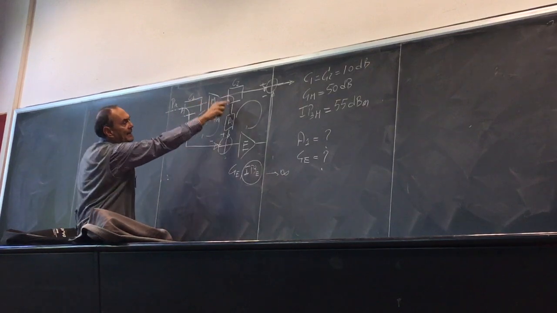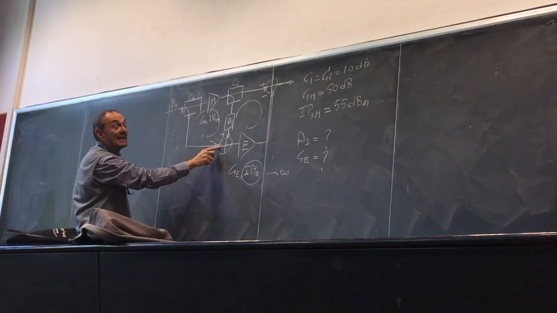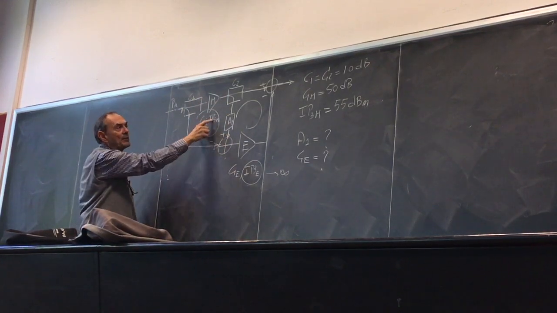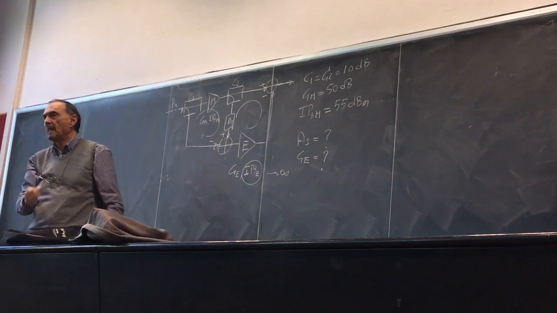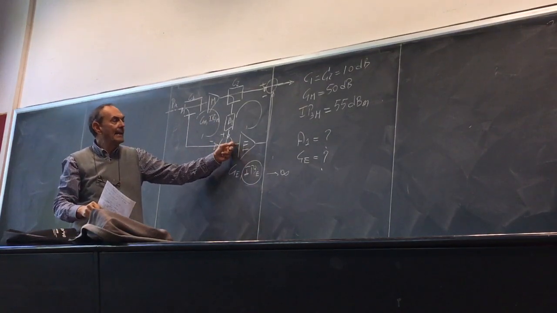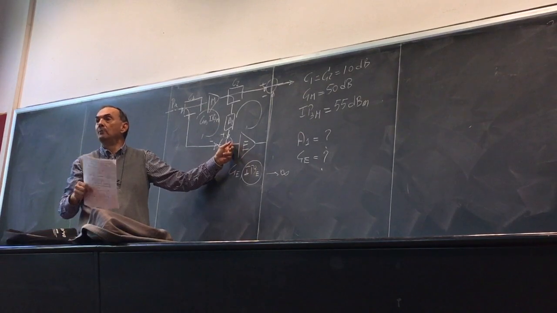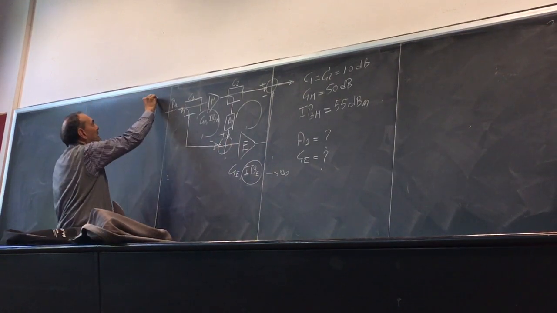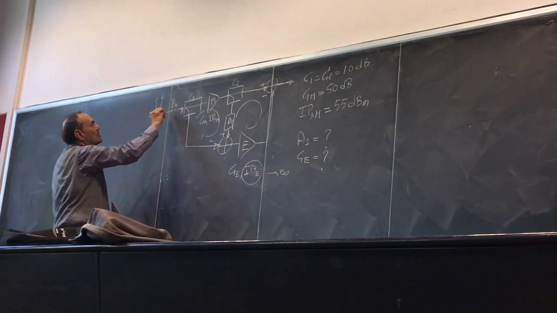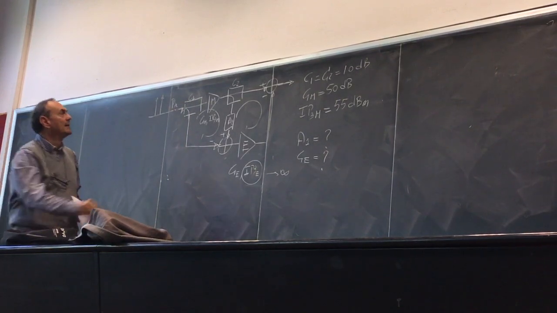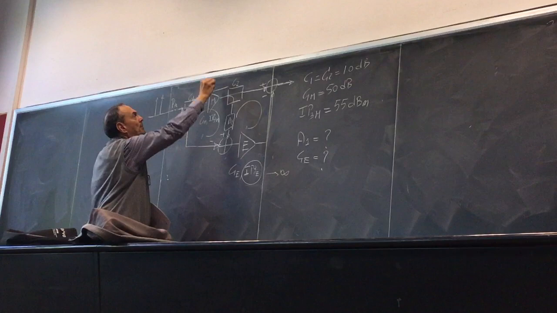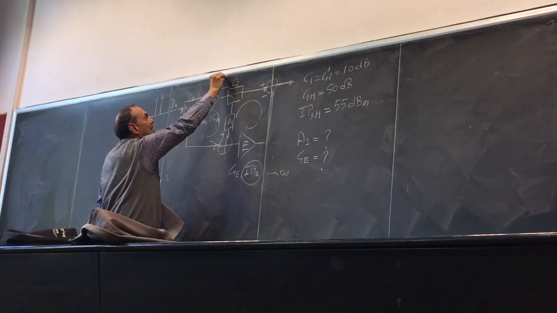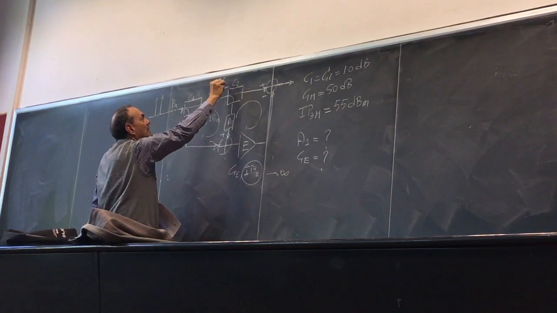We have to arrive in this point and this point with the same signal, because the first loop must remove the signal at the input of the error amplifier. Let's suppose that the signal is composed of two tones. So we enter with two tones here. At the output of the main amplifier, we have the two tones plus the distortion.